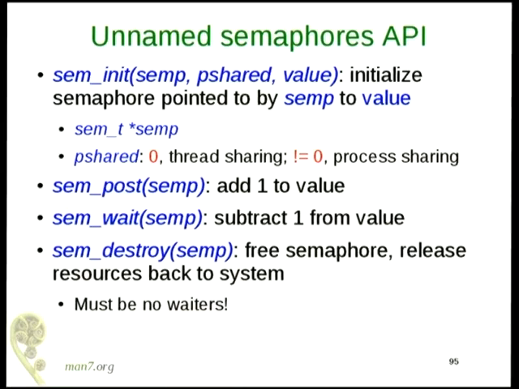And you can either say, well, this semaphore is going to be shared between threads, so I specify 0 here, or it's going to be non-zero, which means I share between processes. And depending on what you're wanting to do there, this is a hint to the kernel, which may help it optimize the use of the semaphore, depending on whether you're sharing between processes or threads.